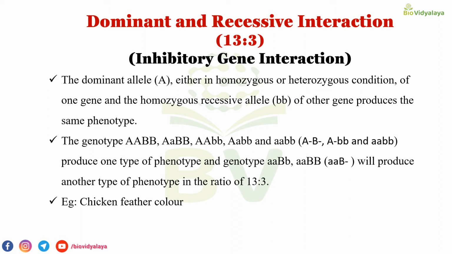So here we are going to discuss about dominant and recessive interaction. That is also known as inhibitory gene action, and the ratio is 13:3.